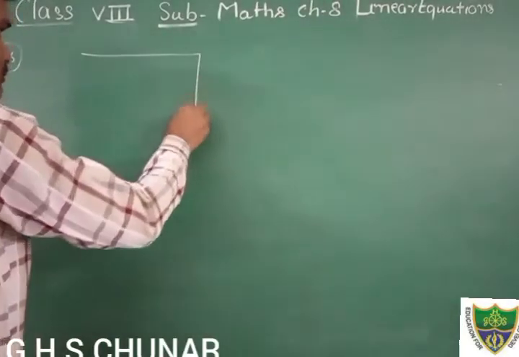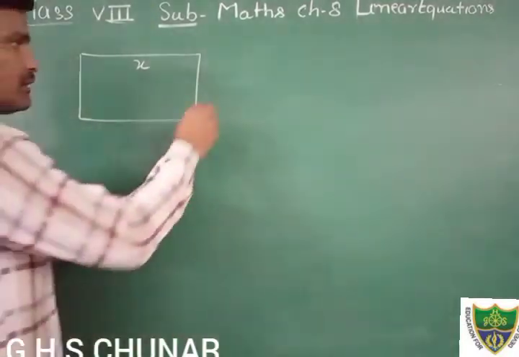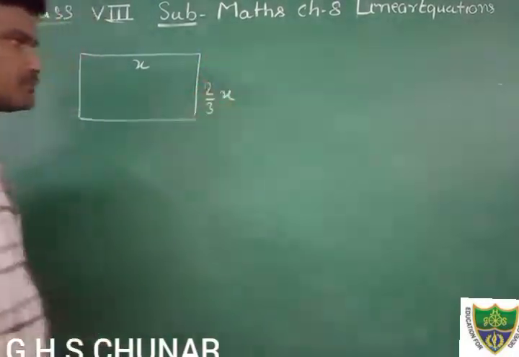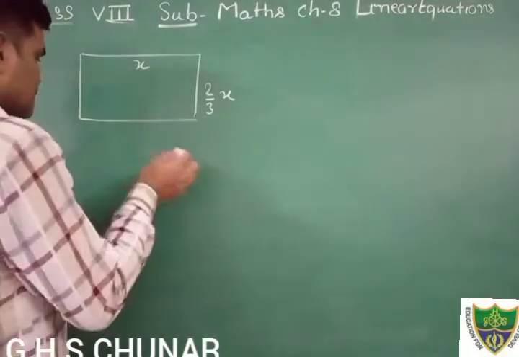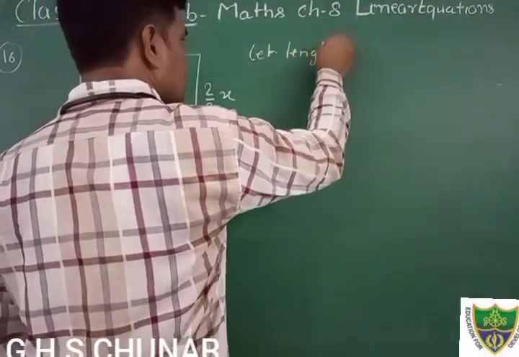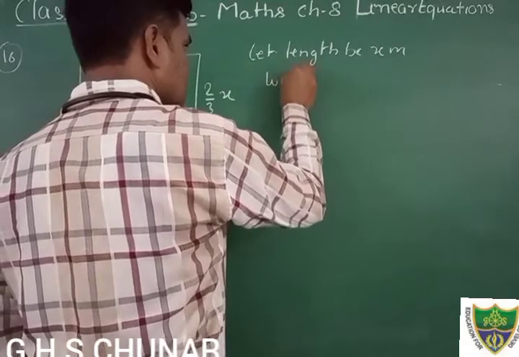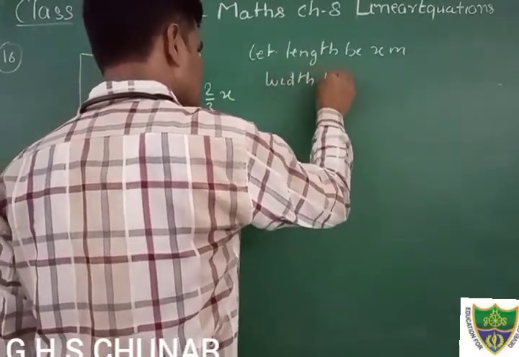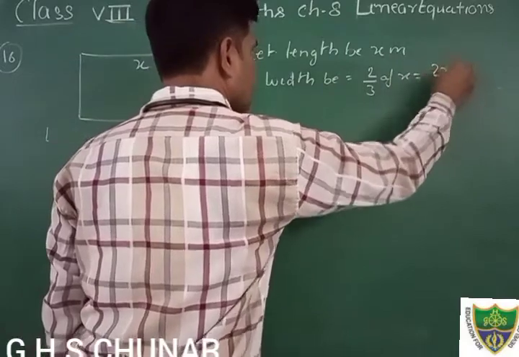Let the length be x meter, then width will be 2/3 of x, that is 2x upon 3. If the perimeter is 180 meter, find the dimensions of the rectangle.